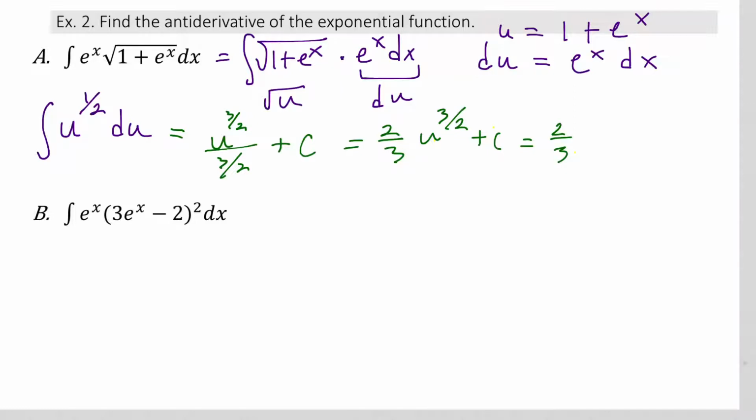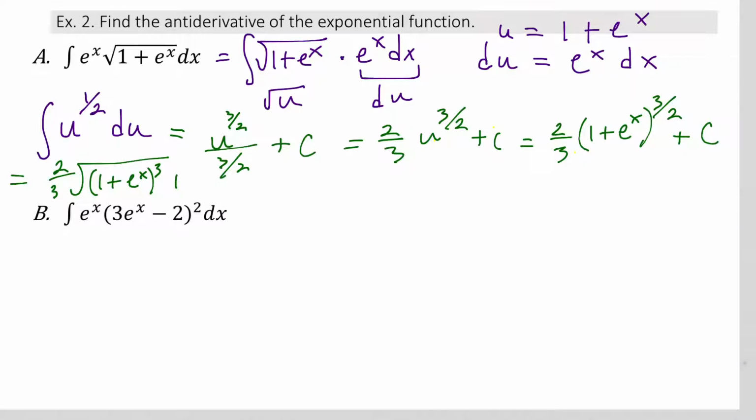So that would be 1 plus e to the x to the 3/2. And then if I want to go ahead and write that with the radical back in, I've got 2/3 square root 1 plus e to the x cubed. All right, let's put the c in here, plus c. So this is our integral, or our antiderivative.